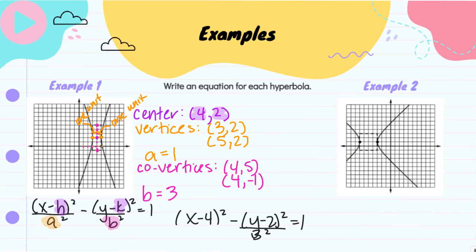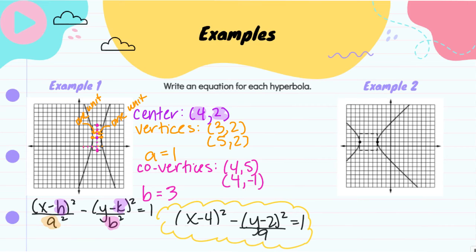And then the denominator of the second term is 3 squared, which is actually 9. So here we finally have the equation of the hyperbola that is listed. So now let's look at example 2.